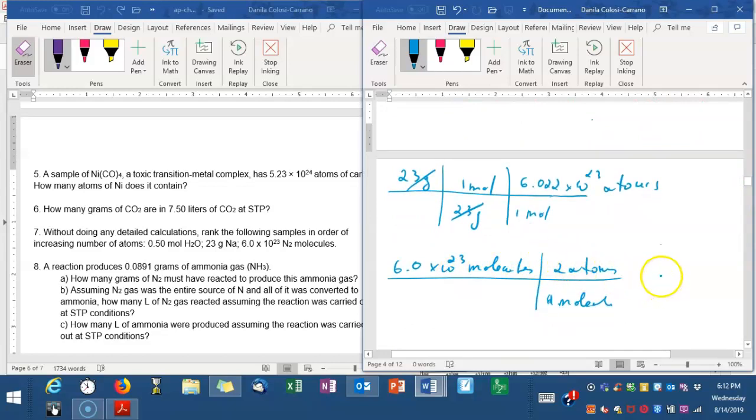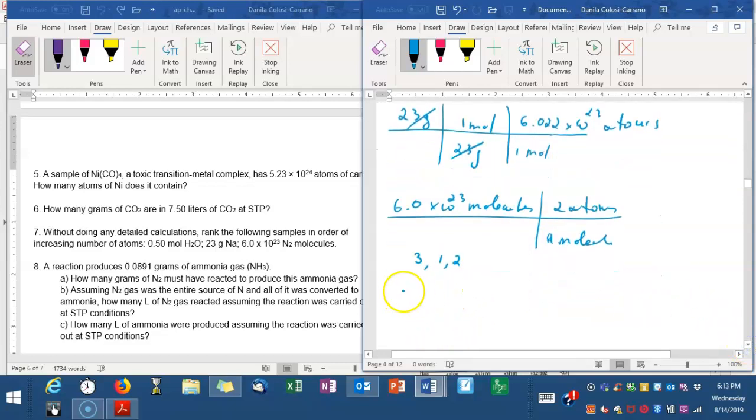So you have the third, the first, so it's 3, 1, and 2. So this is the order. So 2, and then water, and then sodium. This is the biggest, this is the smallest. They are saying increasing, so you got to move it that way, right? Smallest, and then this, and then this. This is the biggest, like we said.